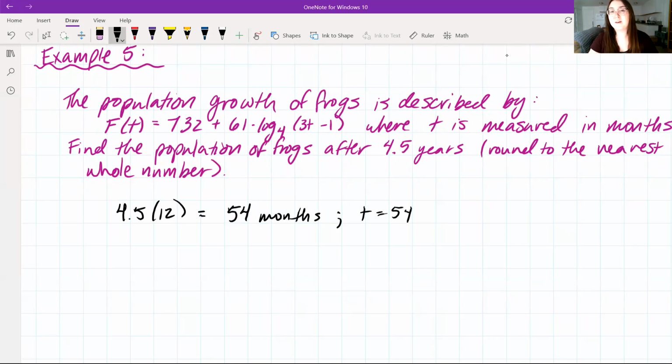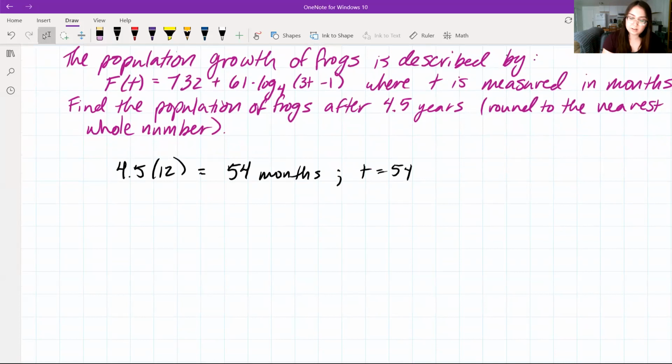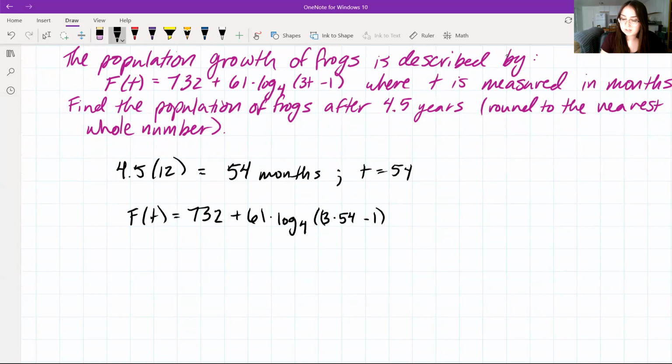Since we found the value of t, we can plug everything into our equation and solve for f of t. This gives us f of t is equal to 732 plus 61 times log base 4 of 3 times 54 minus 1.